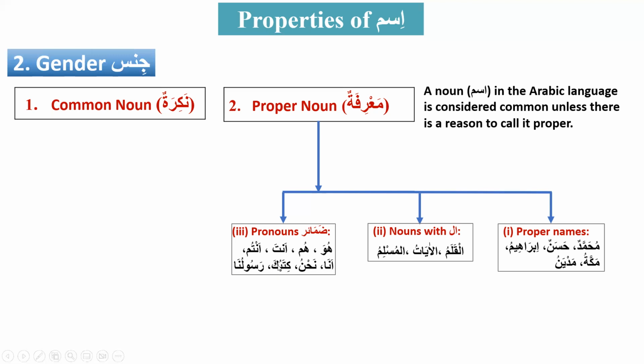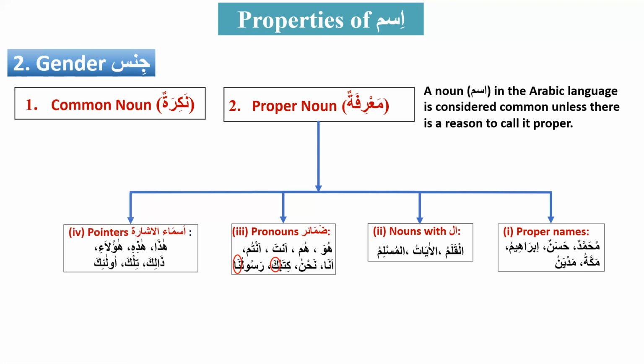Over here, kitabuka, this ka, which is attached to kitabu, is a proper noun. In the next example, rasuluna, the na, which is attached to rasulu, is a proper noun. So it doesn't matter whether a pronoun is attached or detached, it is always a proper noun.